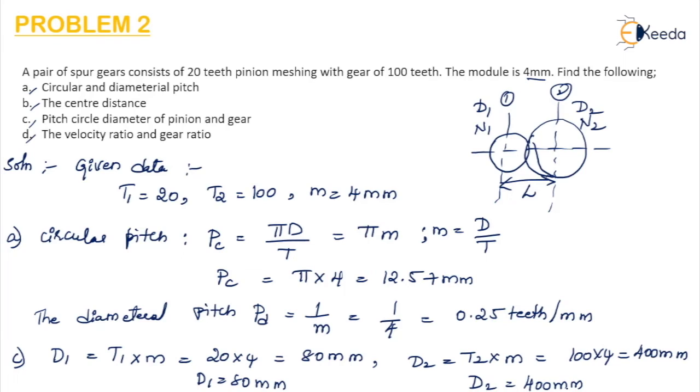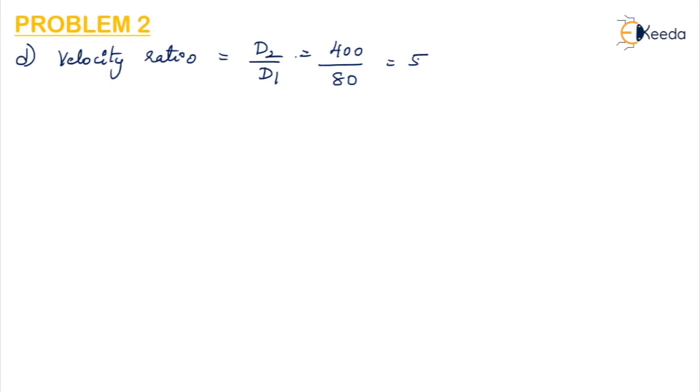Okay. Then the next one, that is the velocity ratio. How do you find the velocity ratio? That is D2 by D1, 400 divided by 80, that is 5.